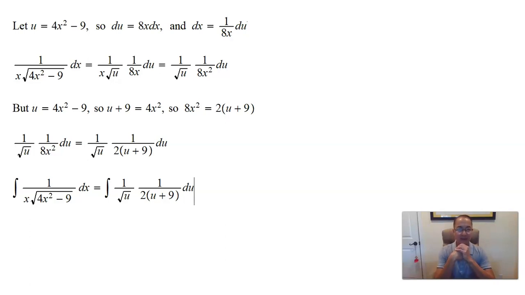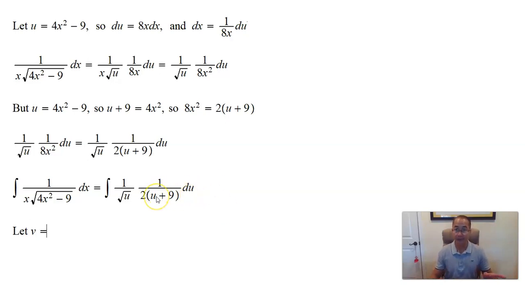Let me show you something a little clever and not very obvious. 9 is of course a perfect square. It would be nice if this were u squared, maybe, because remember what we did for the arctangent function. So here's the clever thing that we're going to do. We're going to do a second substitution.